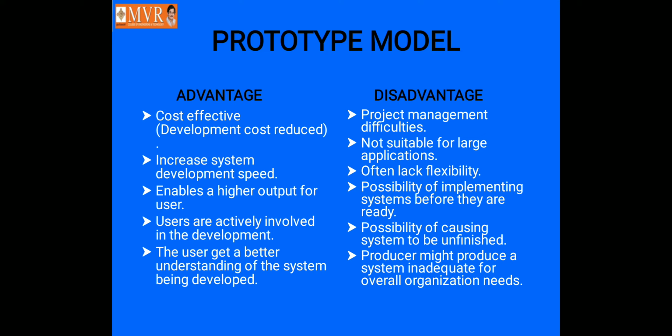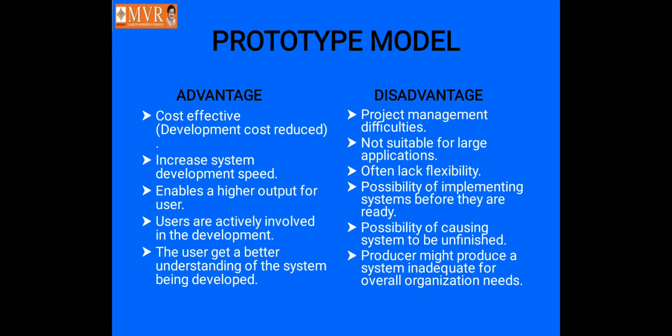It is suitable for small projects so that cost will be very low, and with this prototyping we can increase the system development speed, and whatever outputs the users need will be easily developed.